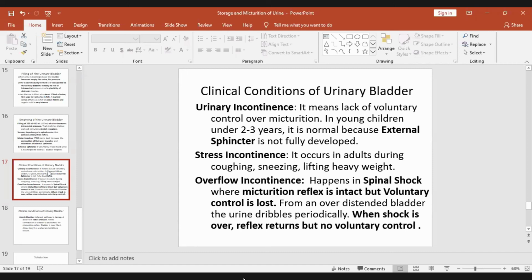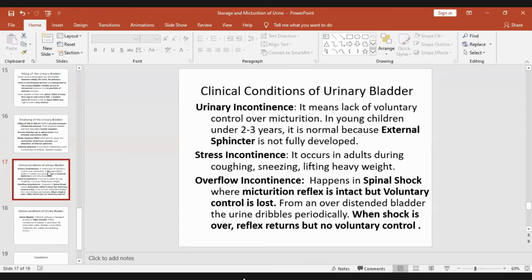Spinal shock. Sometimes what happens? There is damage to the spinal cord, right? There is damage to the spinal cord above the sacral region. And at that time, spinal shock happens, and the person goes into a state of spinal shock, which doesn't recover for quite a long time. But when it recovers, something happens.